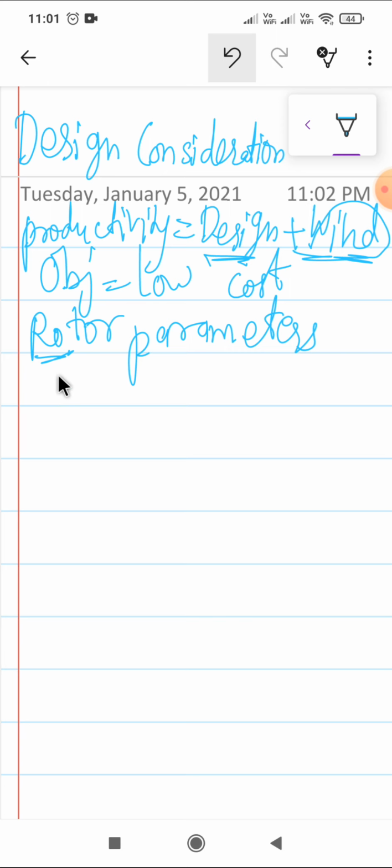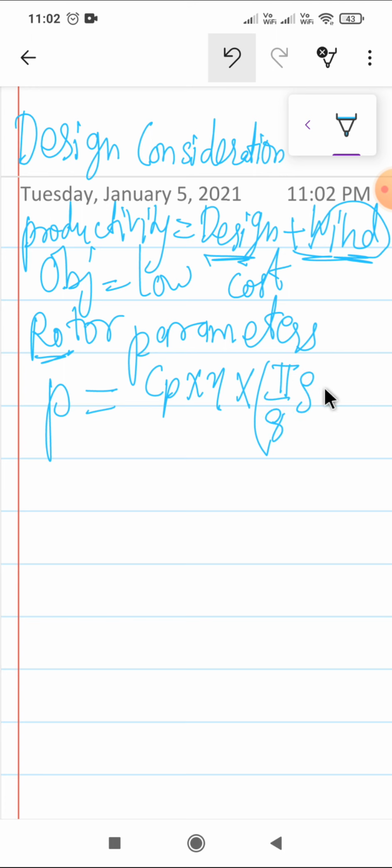As we know, power P is equal to Cp into efficiency eta into the kinetic energy of the wind, that is 1 half m v square. 1 half m v square can be written as pi by 8 rho d square Vi cube.